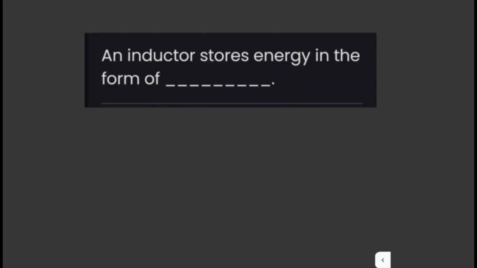An inductor stores energy in the form of what? It is in the form of magnetic field. When a current is flowing through an inductor, energy is stored in the form of a magnetic field.